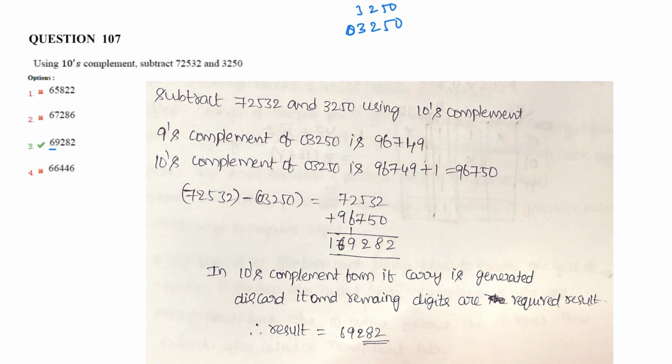We need to find the 9's complement, similar to 1's complement. So 0 is taken as 9. Taking the 9's complement is subtracting each digit from 9. 9 minus 5 is 4. 9 minus 2 is 7. 9 minus 3 is 6. 9 minus 0 is 9. 9, 6, 7, 4, 9.